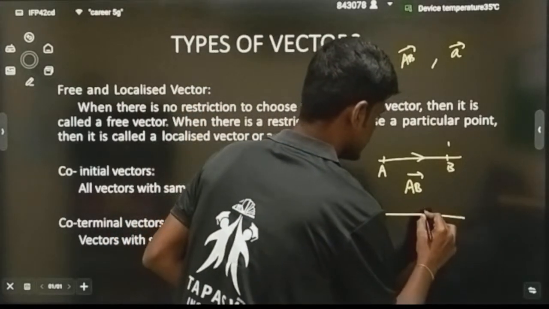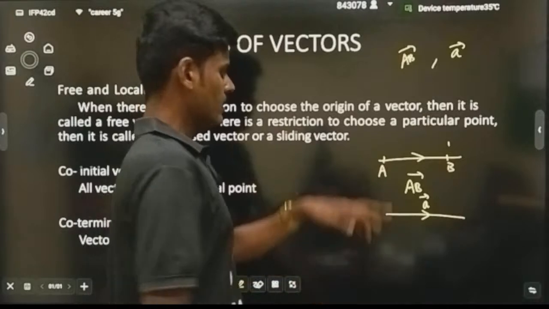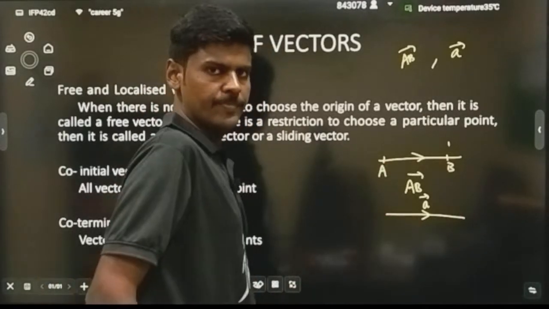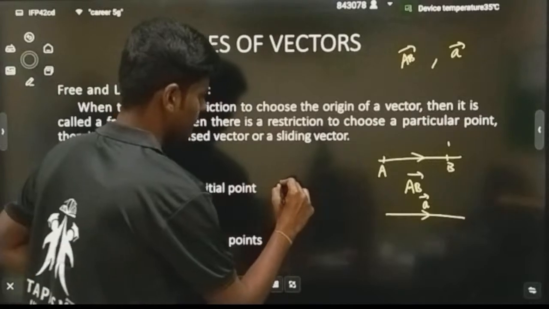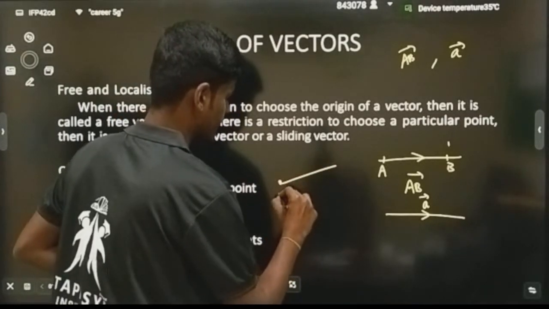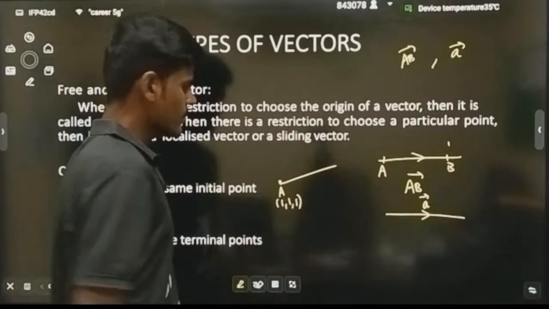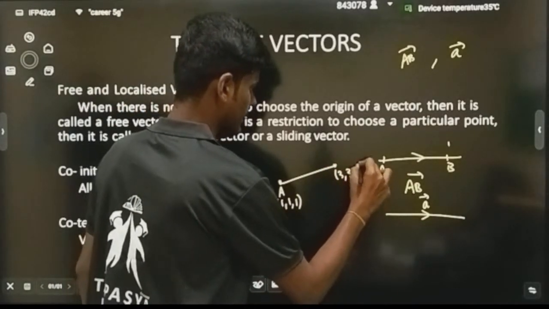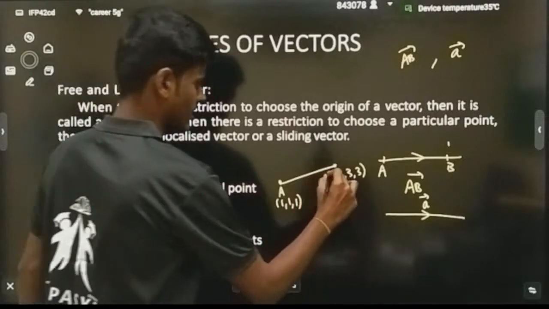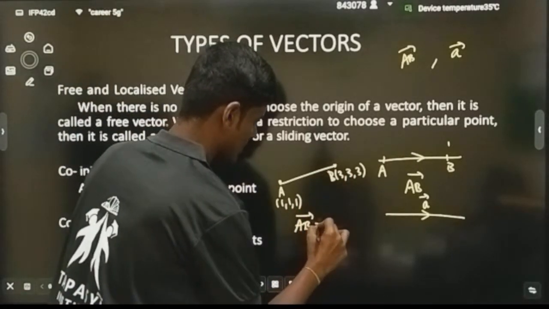Take another vector which is similar and is given by A vector. Are these two the same? It may or may not be the same. I will give one example. Let's take point A as 1, 1, 1 and point B as 3, 3, 3. Then what is AB vector?